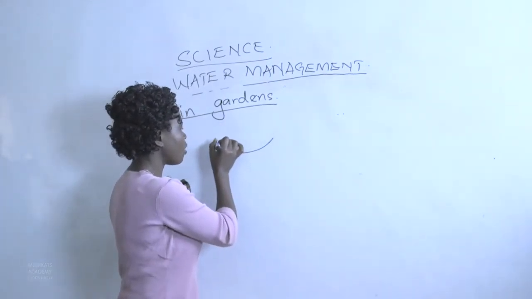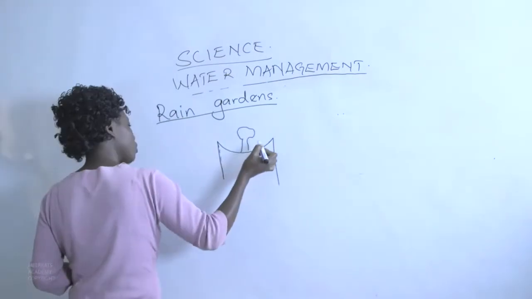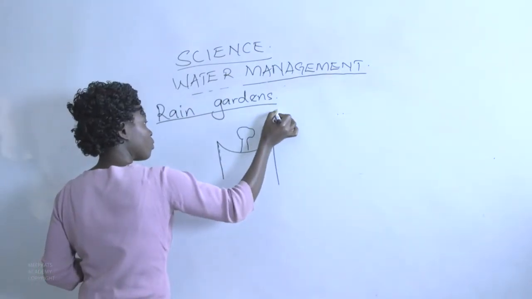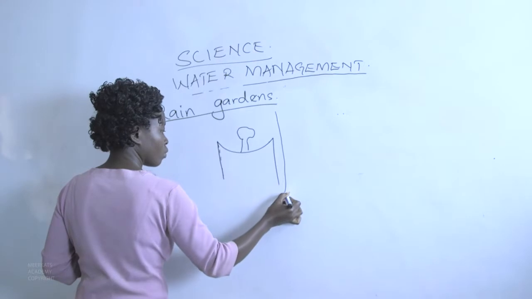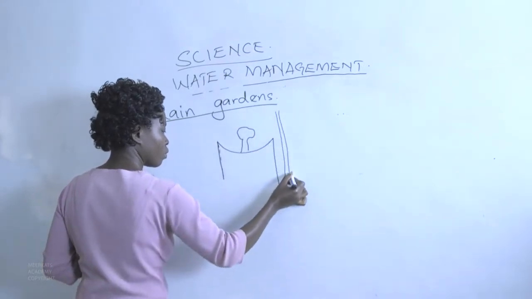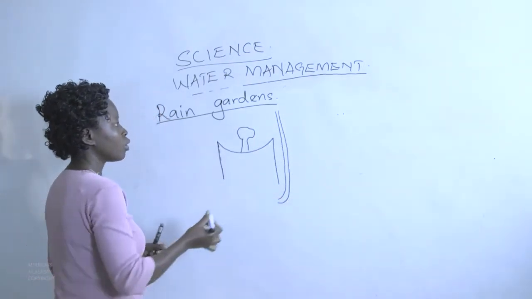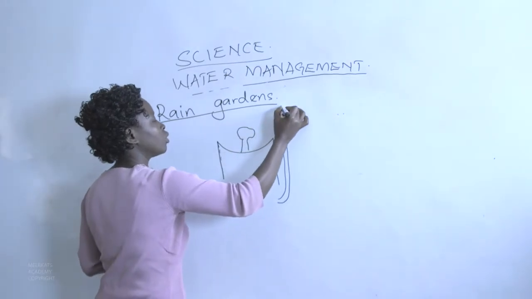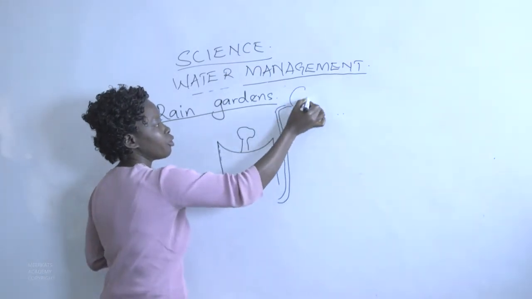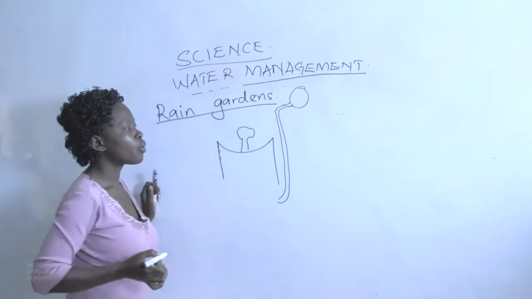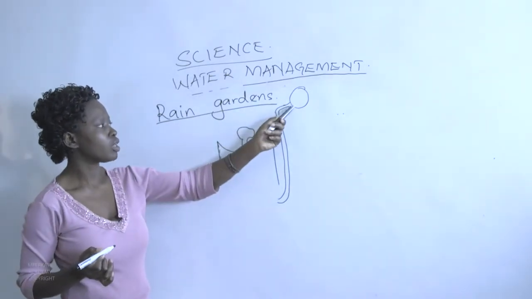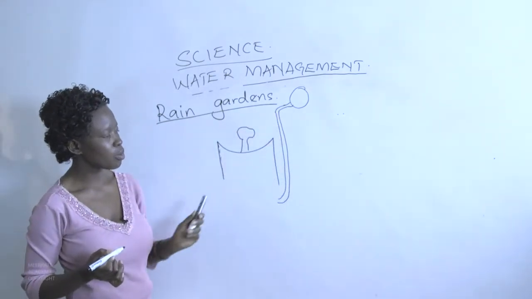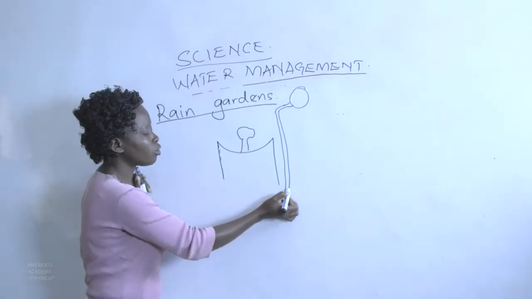So if this is our rain garden, and this is a region where you are having the stormy waters, we have a pipe that will channel the stormy waters onto the base.